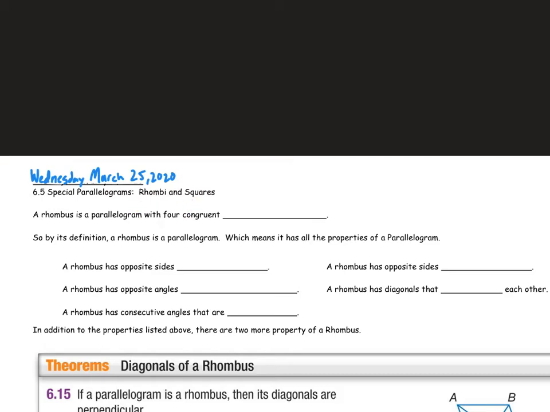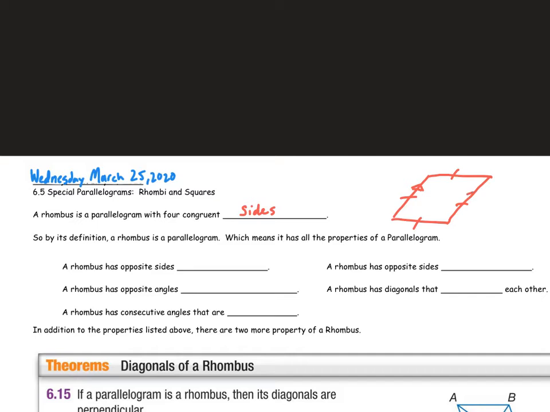So our definition that I'm going to give you is about a rhombus. A rhombus is a parallelogram with four congruent sides. Drawing a picture, if I had to take a look at what a rhombus would look like, doing the best that I can, I've got a parallelogram with four congruent sides.